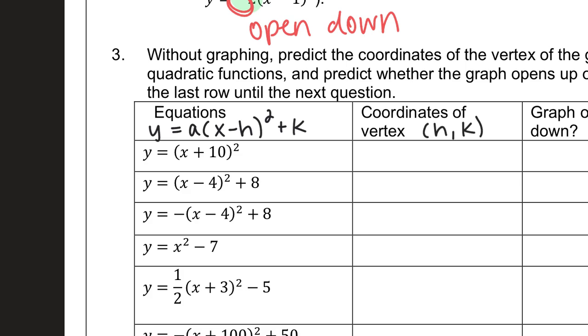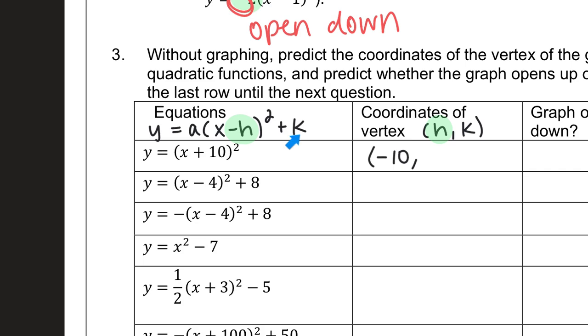That's the coordinates of the vertex. Notice that the h is negative in our equation, but positive over here. So that's what we're going to decide from our equation. If here we have a plus 10, that means my vertex is going to be a negative 10 for the x value. It is the opposite sign.